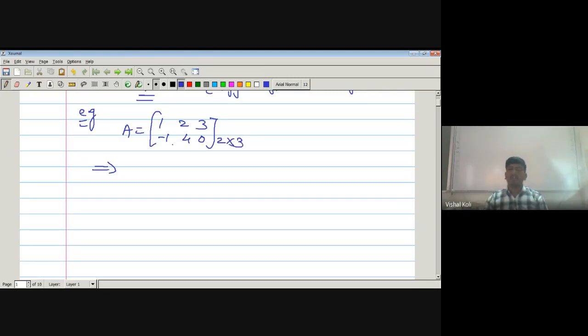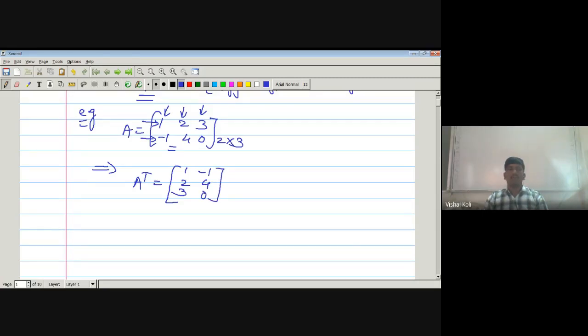By the definition of transpose, we just have to replace the rows and columns of matrix A. So A transpose: we make the first row the first column, that is 1, 2, 3, and the second row the second column, that is minus 1, 4, 0.